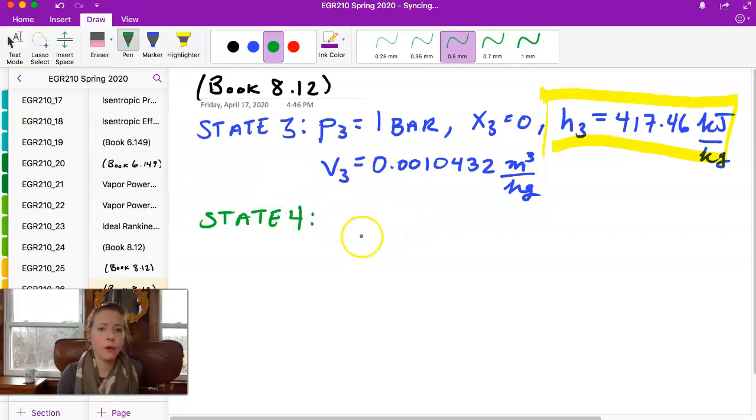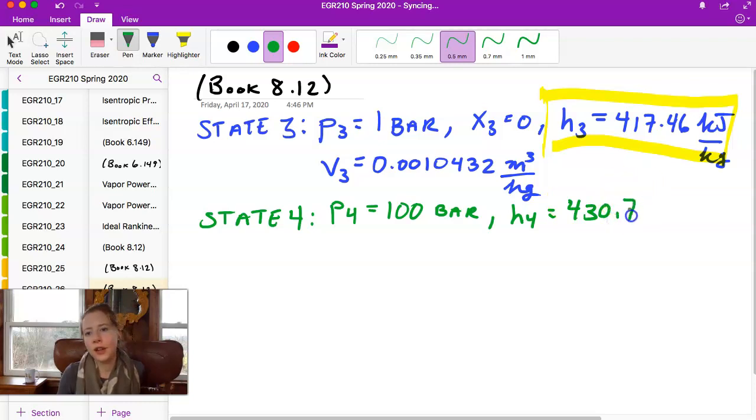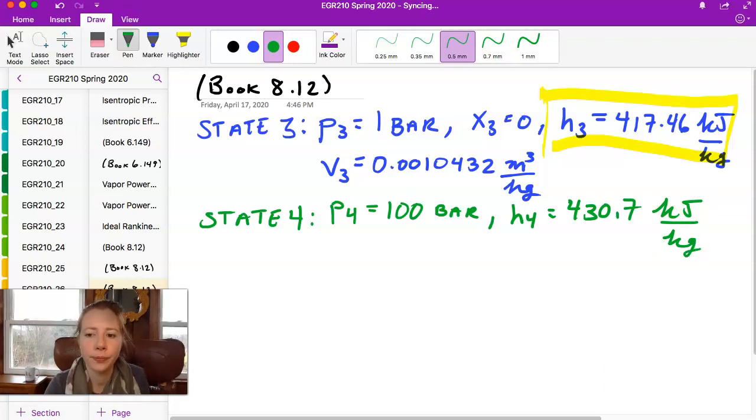So for state 4, we have P4 is 100 bar, and H4 is going to be 430.7 kilojoules per kilogram. And remember, we're in the compressed tables here.